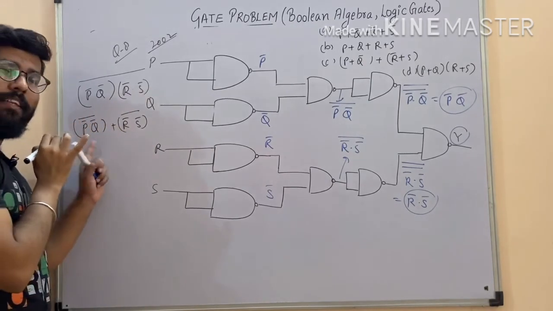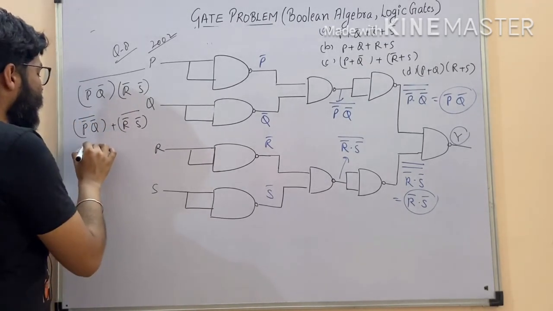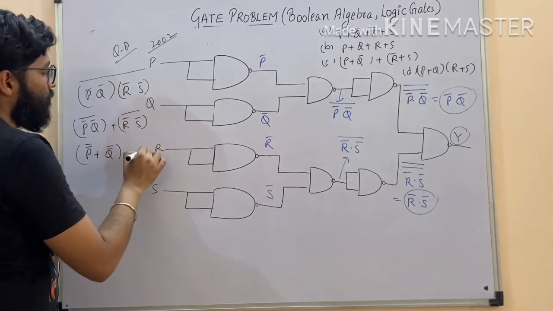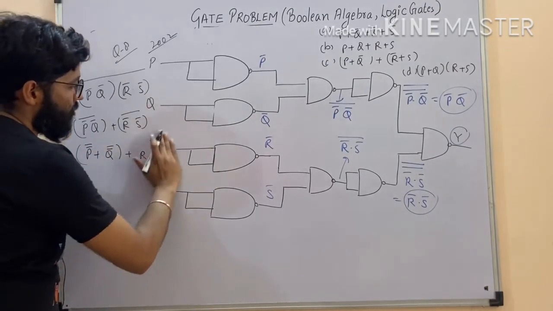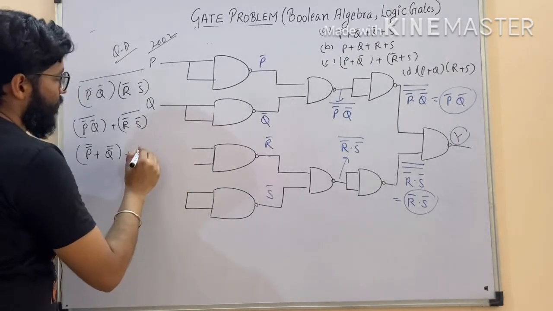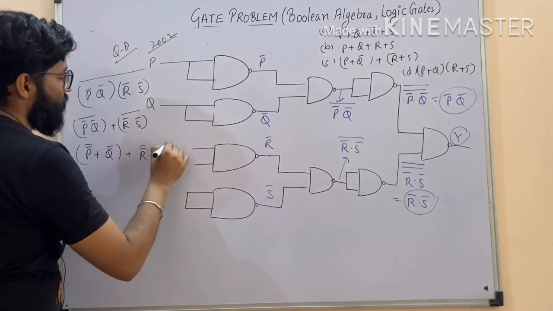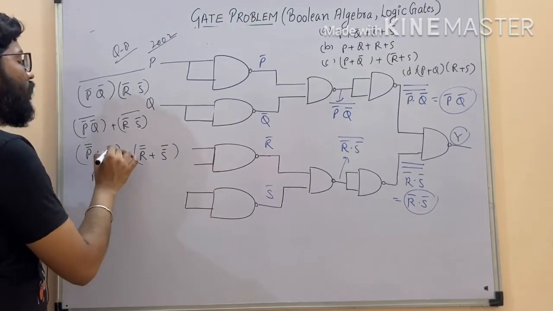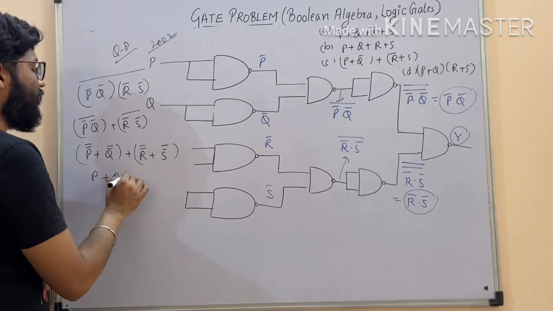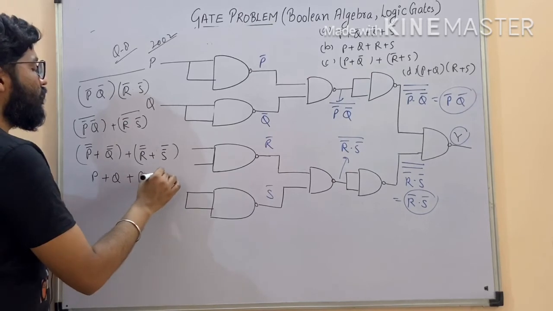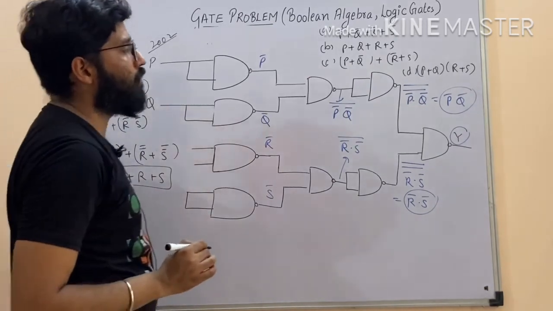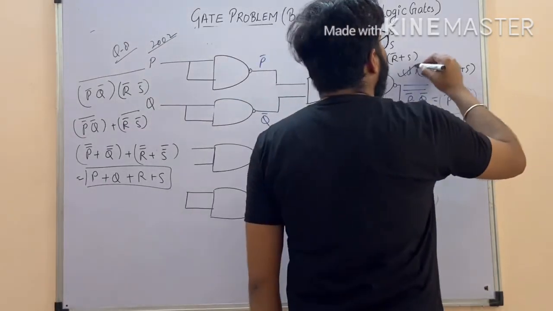Now again apply the De Morgan's here, break the line and change the sign. Now P complement complement is what? P. Q complement complement is what? Q. Then we can get R and S. So this is your correct answer, P plus Q plus R plus S. So which option is matching? D option is matching. Okay.